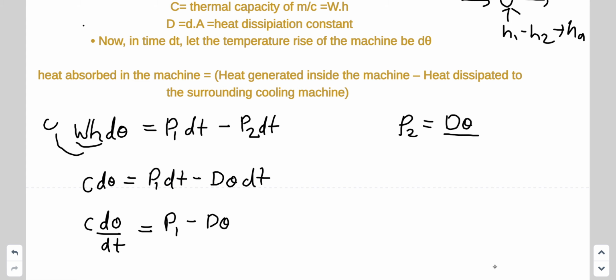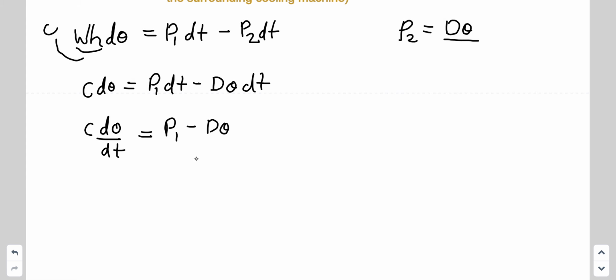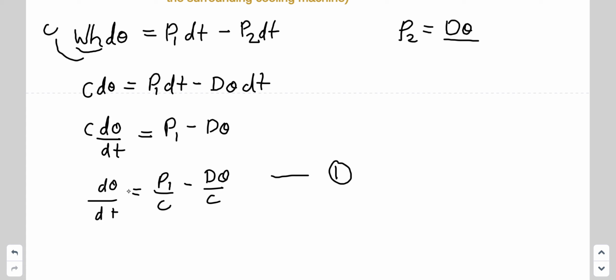Let's simplify it. So d theta divided by dt is equal to P1 by C minus D theta by C. So this is our equation 1, and it is a differential equation with respect to d theta by dt.